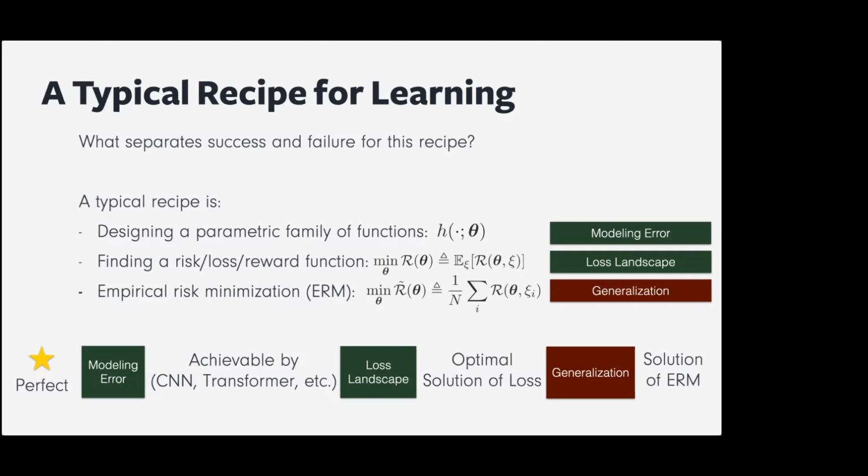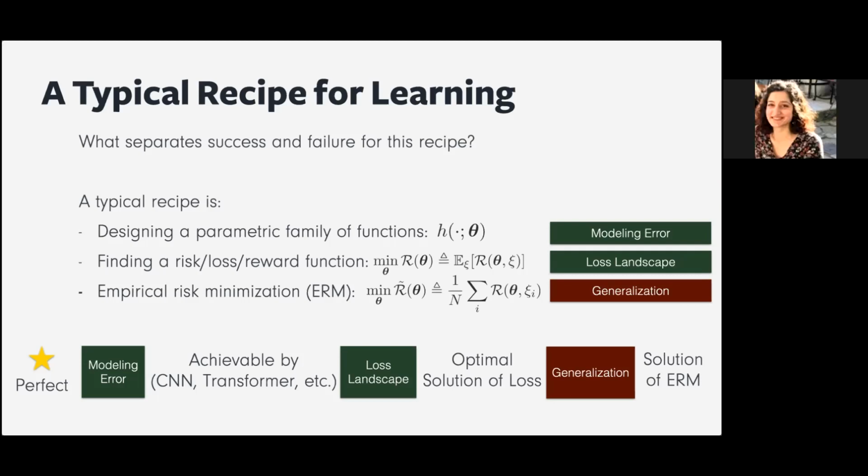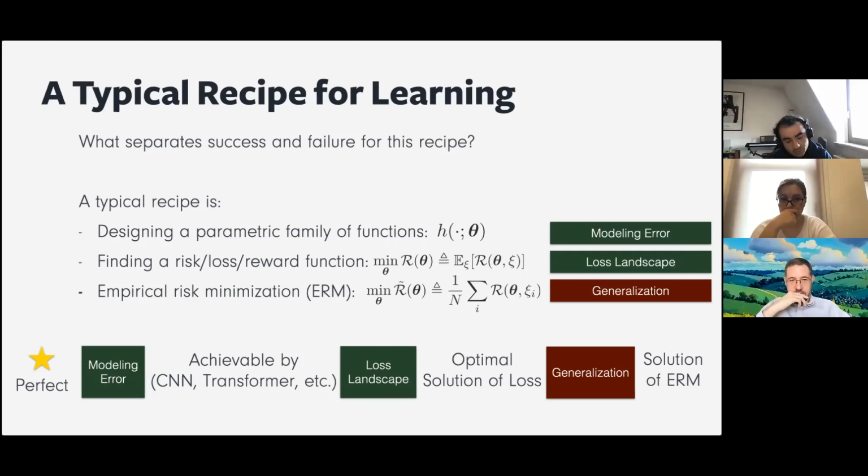Then you have an error due to the loss landscape, so the best solution you can find is the optimal solution of this loss landscape. Then, once you go from the population risk to an empirical risk, the best solution you can find is the one minimizing the training error, not the one minimizing the expected error.